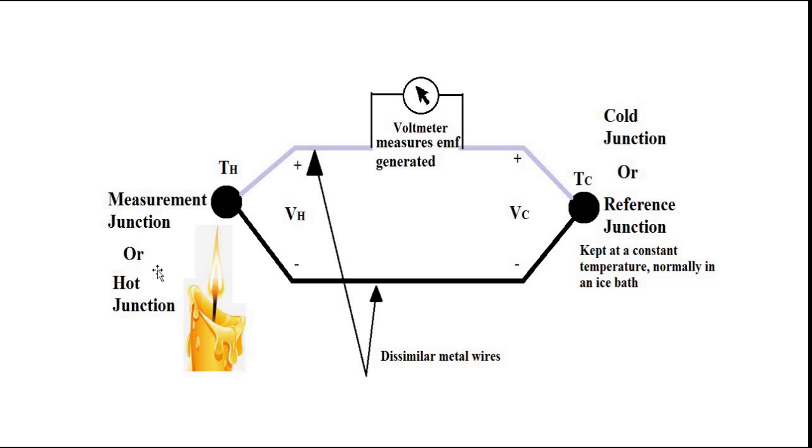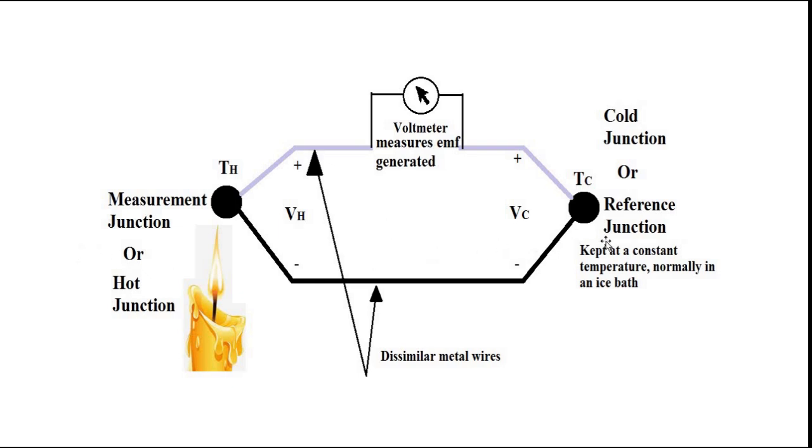When a particular junction is brought in contact with a certain temperature, it develops a certain EMF or voltage. It is represented here by VH, the voltage at the hot junction or measurement junction, and VC is the voltage developed at the cold junction or reference junction. The difference between these two EMFs is measured with the help of a voltmeter.